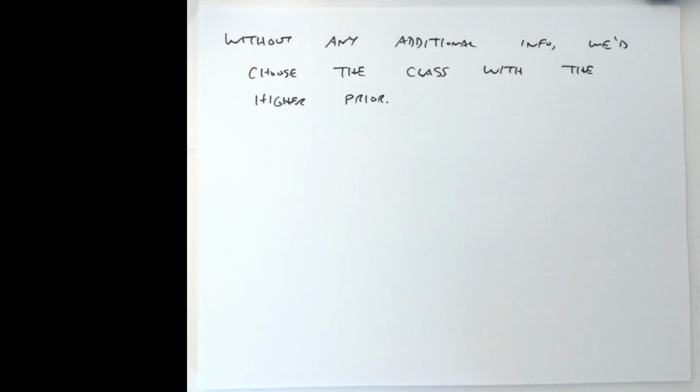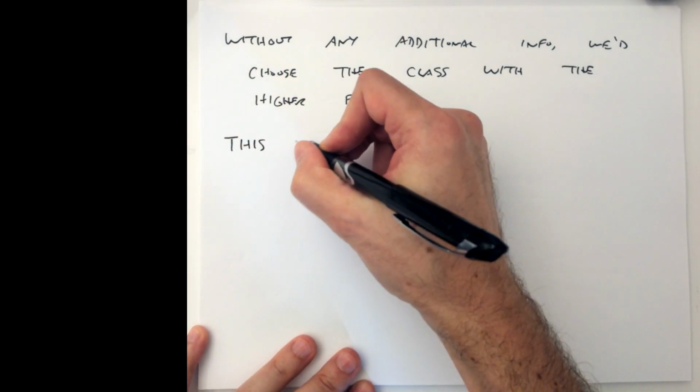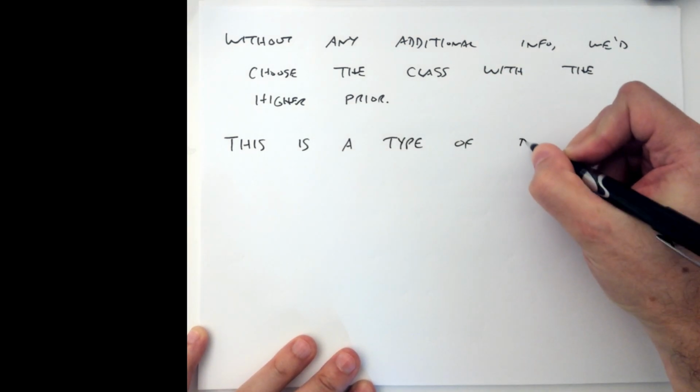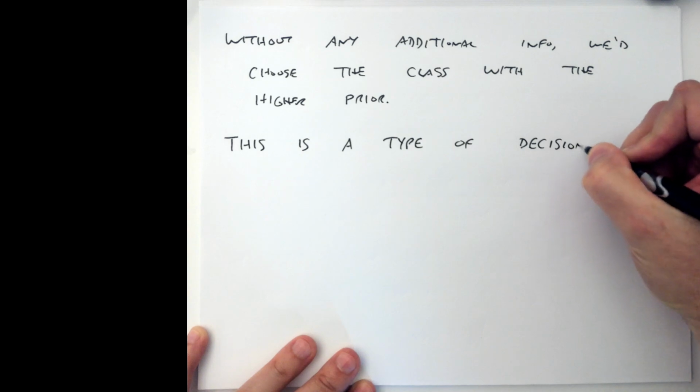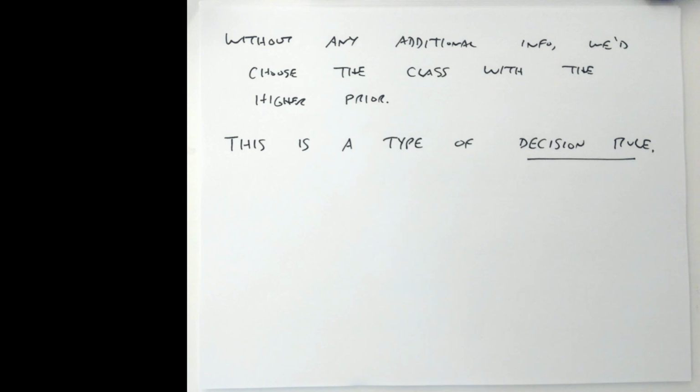Whichever one of p(omega 1) and p(omega 2) is bigger, that's what I should choose. But of course, I'm always going to choose the same thing, which is kind of dumb. But this is called a decision rule. The decision rule tells me how to process the input and produce a classification, right?